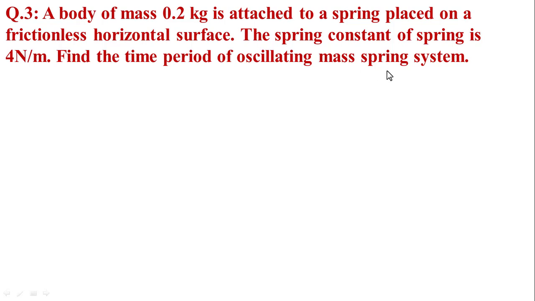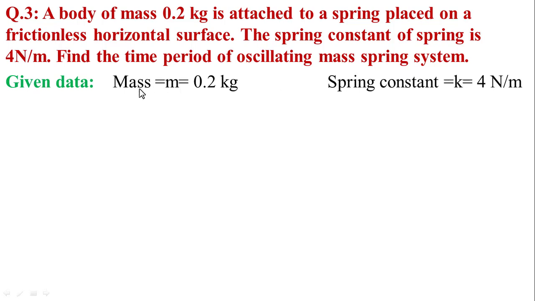Here, in the mass spring system, we can find the time period. So, first of all, write the given data. According to the statement, mass m is equal to 0.2 kg and the value of spring constant k is equal to 4 Newton per meter. Now required: the time period T is equal to question mark.